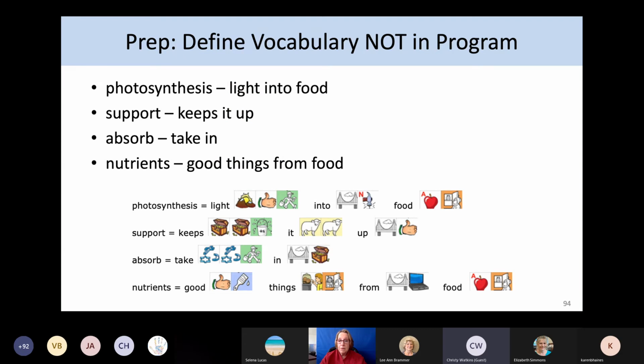We're going to define what photosynthesis is and define what it means to support and to absorb and what nutrients are. So we've defined them and came up with our little visual support. Now, with his particular program, I can quickly author it.